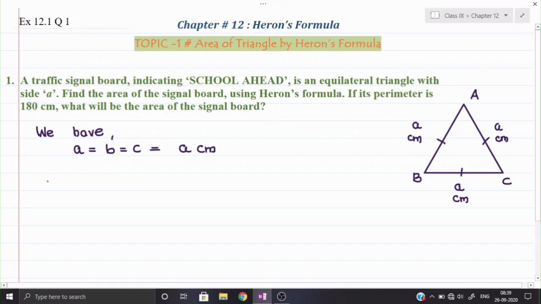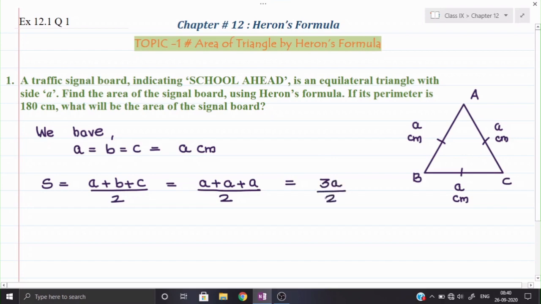Now first we shall find out the value of the semi perimeter. So the formula of semi perimeter is a plus b plus c upon 2, that will be a plus a plus a upon 2. All the three sides' value is a. Okay, so this will become a plus a plus a, that will be 3a upon 2.